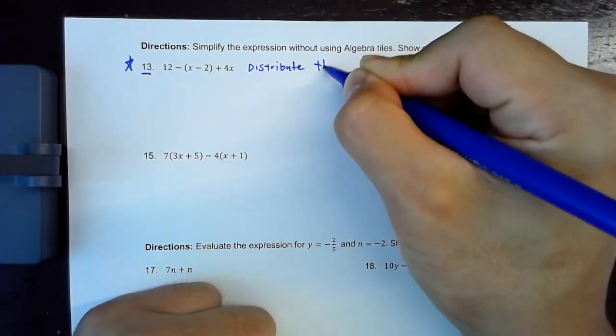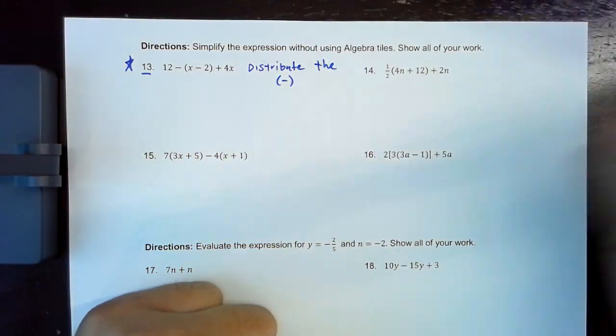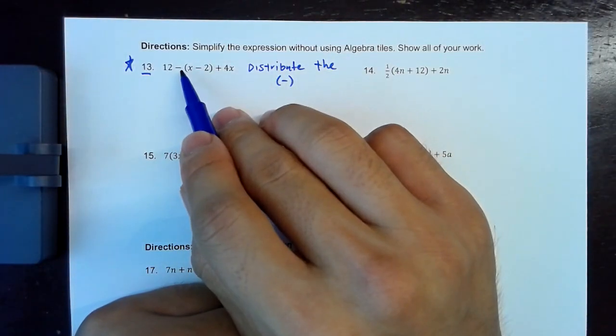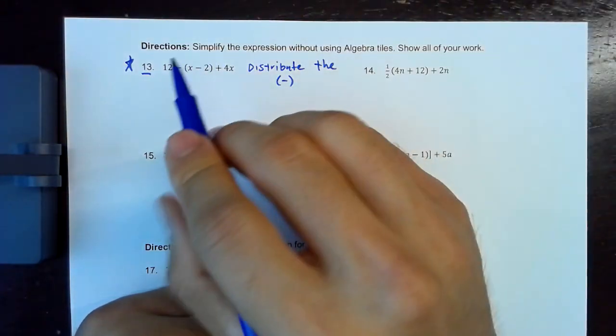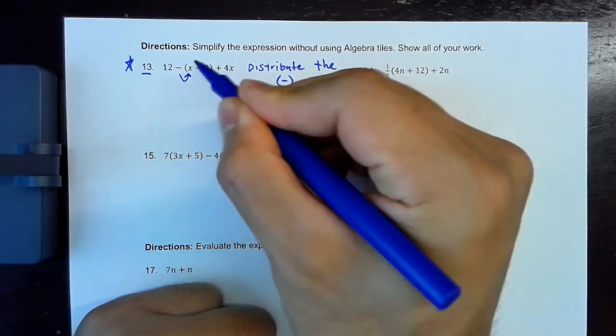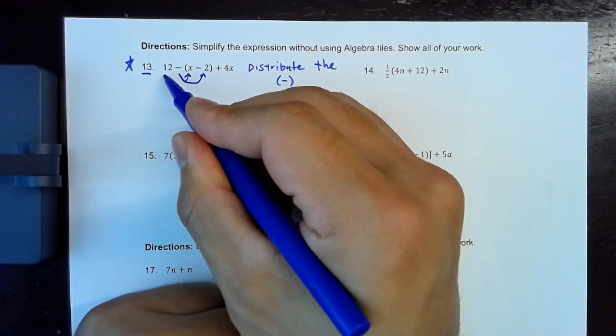This is one of the most important things that you need to practice this year, which is understanding when to distribute. And even if there's not really a value, it seems like there is still a -1 outside of there. So you have to distribute the negative here, and you have to distribute the negative there. Okay, so I'm going to rewrite this entire expression.